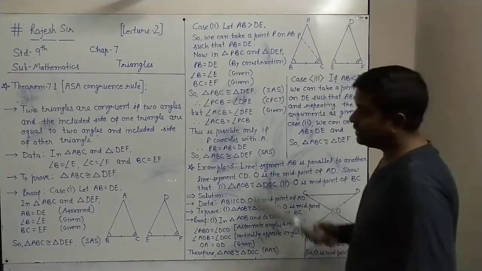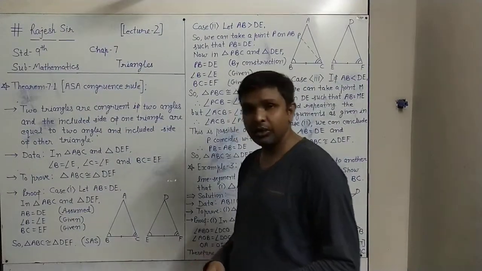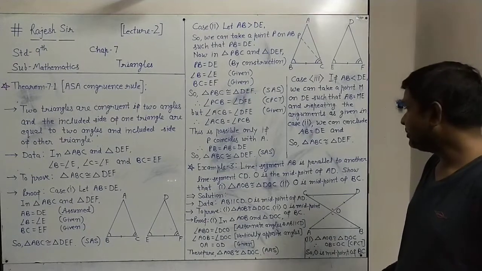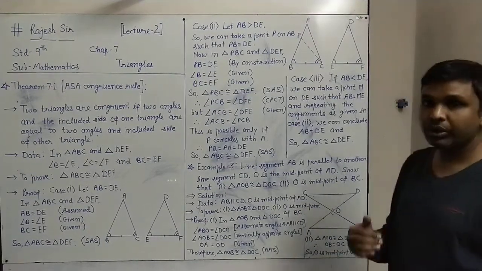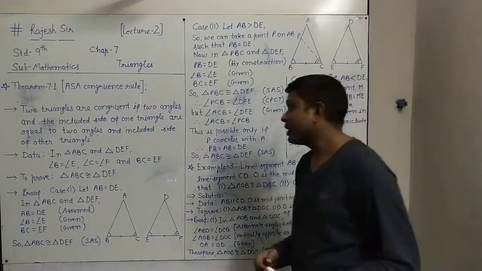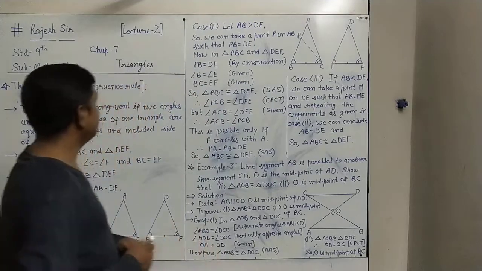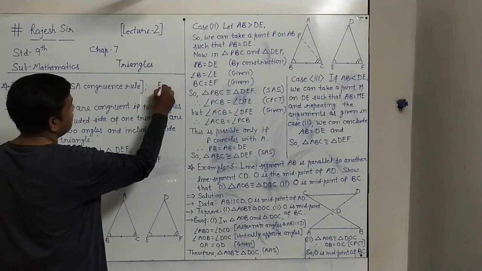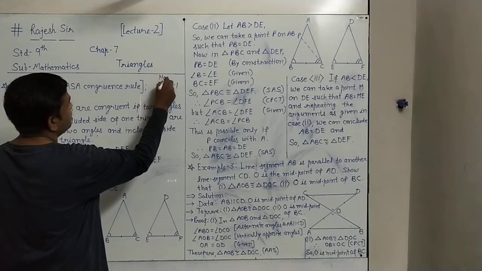So this way, in this lecture, we have seen the very important theorem 7.1, the ASA congruence rule. In three cases we have proved it, and in example 3 we also understood the angle-angle-side congruence rule. Using all these concepts, next we have exercise 7.1, and that will be your homework to complete.